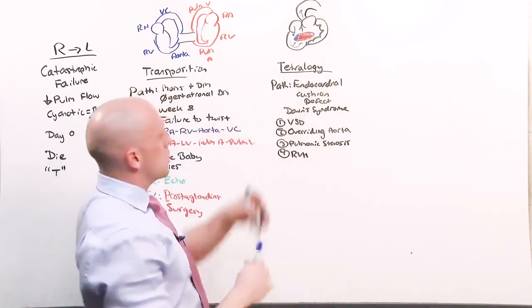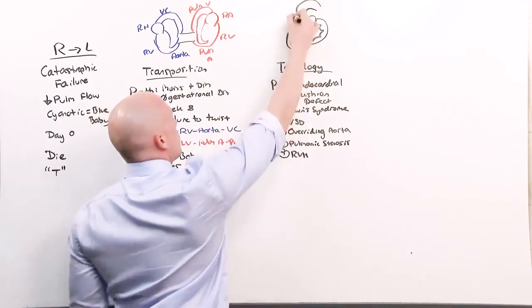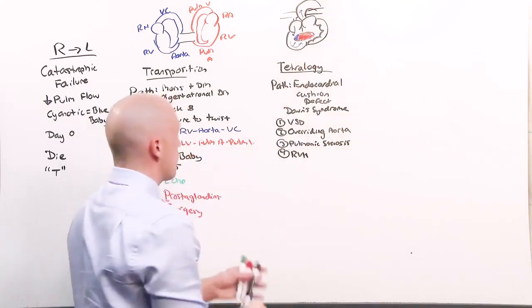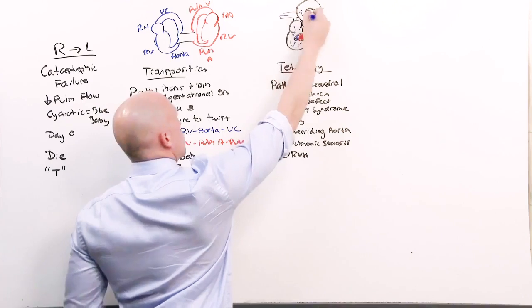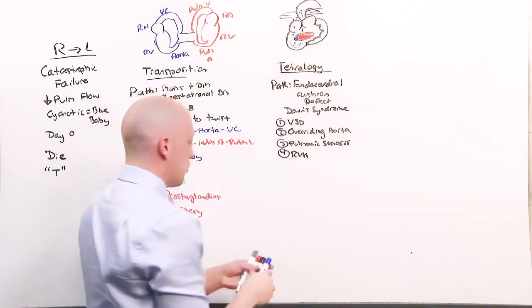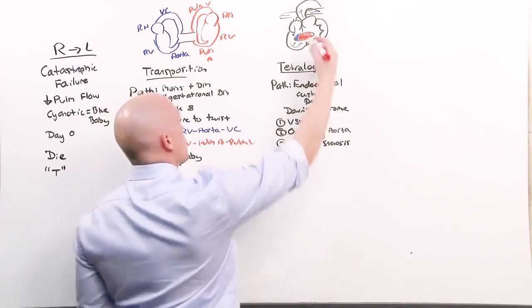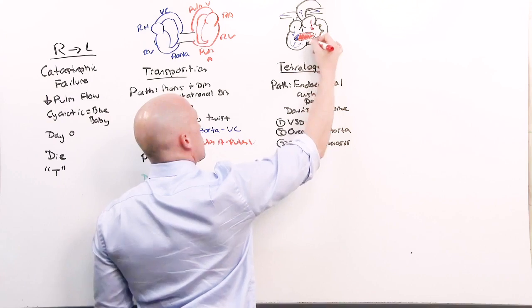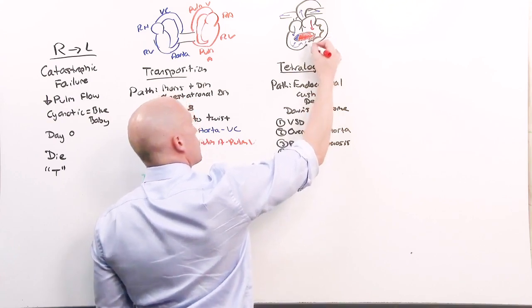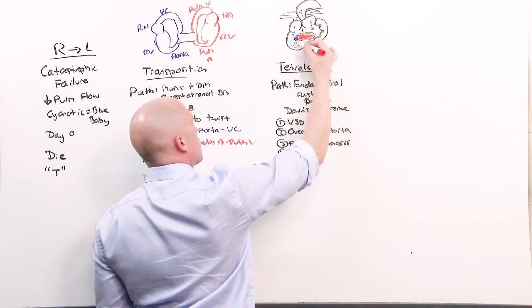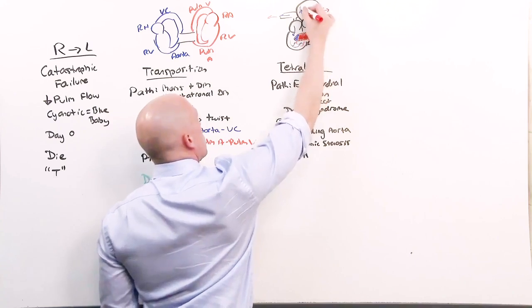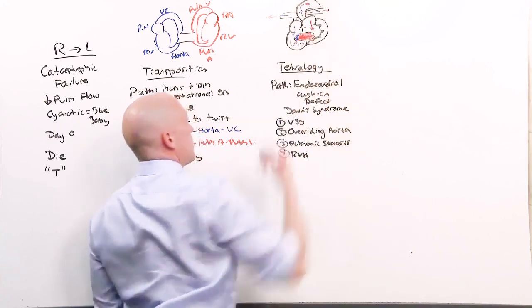But what little bit does go through the pulmonary artery, also deoxygenated. Therefore blue. Blood returning from the lungs through the left atrium goes into the left ventricle, and it does the same thing. It'll send most of its blood through the aorta, but also a little bit through the pulmonary artery. So you'll have a mixed picture in both the periphery and in the aorta.